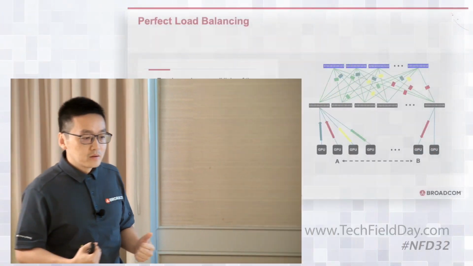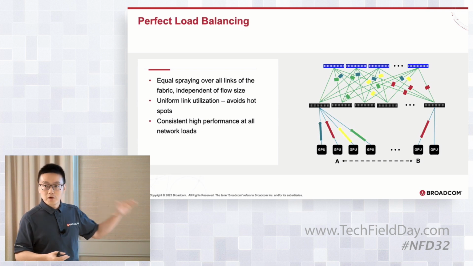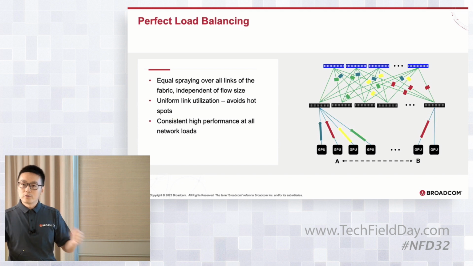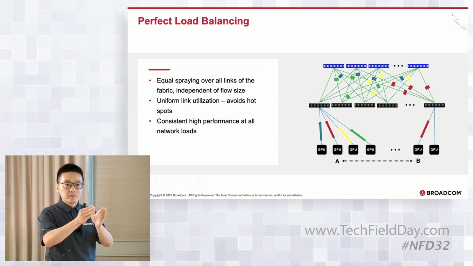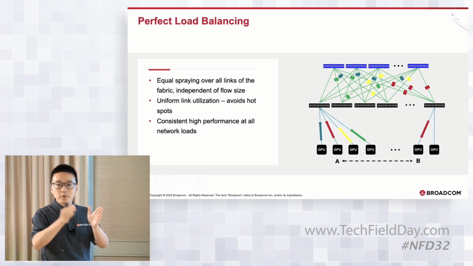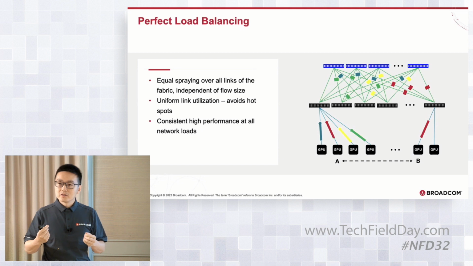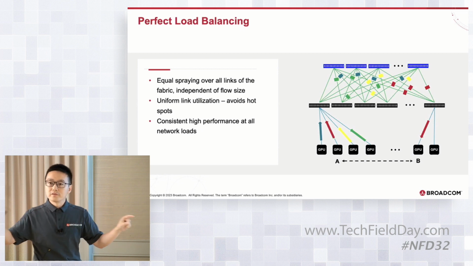So the moment we introduced this solution, they got very excited. We had some POC tests with them based on the scheduled fabric. They were running all-to-all or reduce traffic and monitoring the statistics for every link in the network. When they read the counter values, they observed that the utilization is very, very consistent.